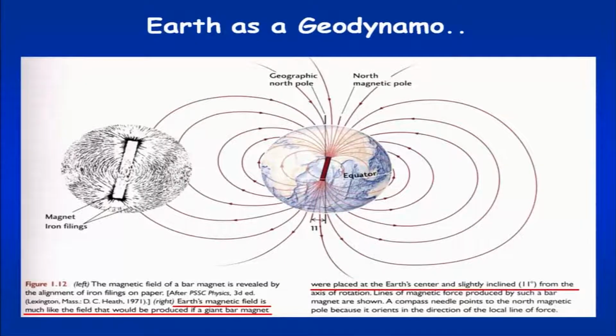So, the earth's magnetic field will act as a giant bar magnet kept 11 degrees inclined from the geographic north.